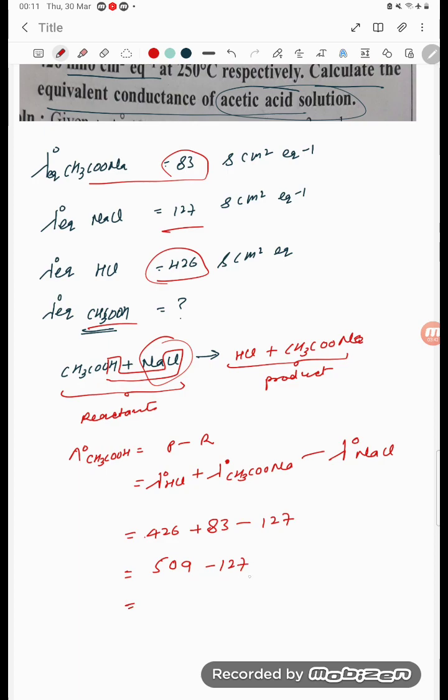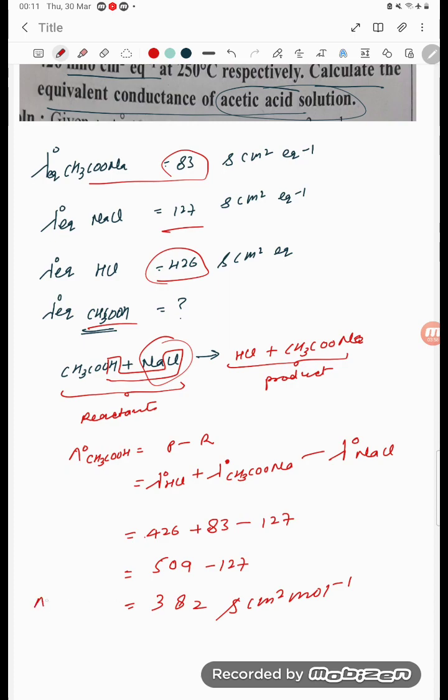So 9 minus 7 means 2. Here 10 minus 2 means 8. Carry out here 4 minus 1, 3. So it is going to be 382. It is going to be Siemens centimeter square mole inverse.